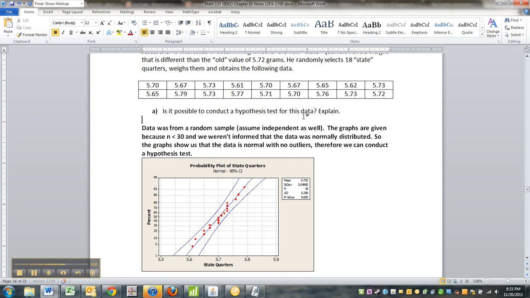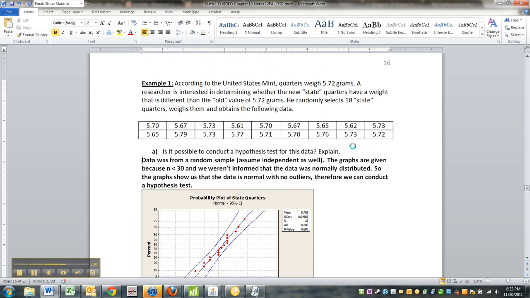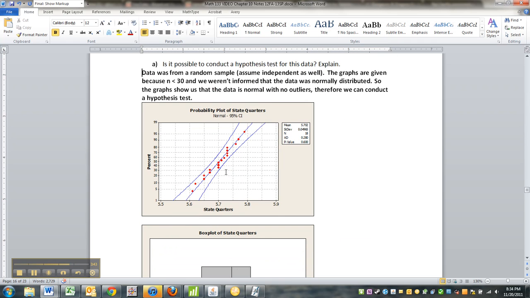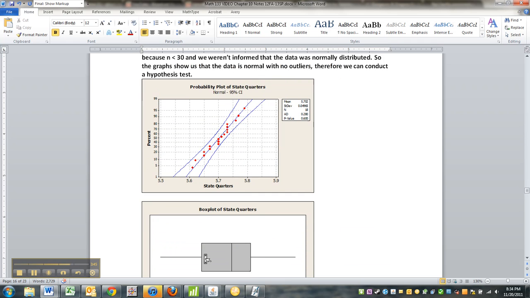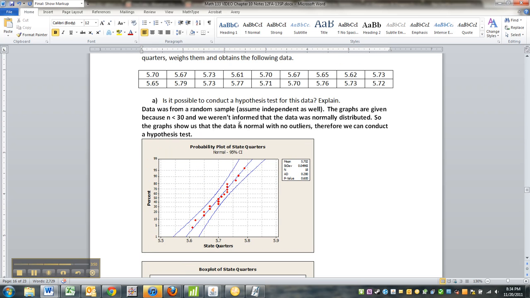Okay, so you need to know that the data is normal with no outliers. If it's not given to you, that's okay as long as your sample size is greater than 30. But here, it's not given to you and your sample size is less than 30. So those two things combo to make a one-two punch of badness. So what you have to do is get a normal probability plot and a box plot to prove to yourself that, hey, this sample came from a population that's normal.